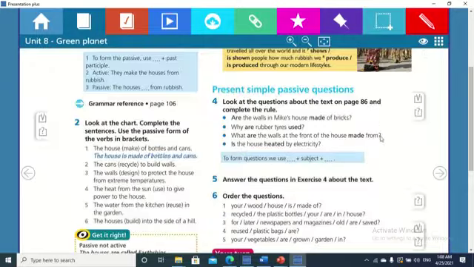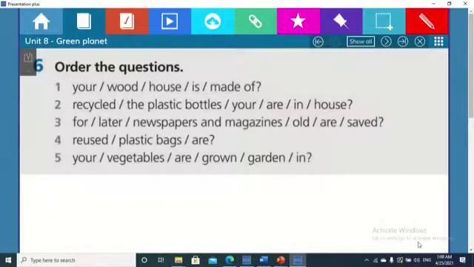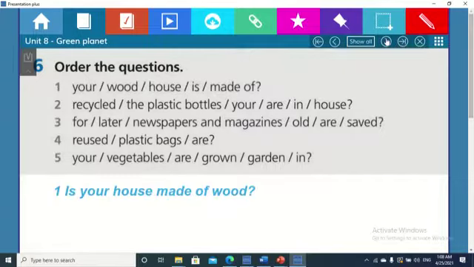What about 5? What about 6 here? Order the questions. Your wood house is made of. So of course we should start with, is your house made of wood? Again, here we have a yes/no question. We start with the verb to be, which is are. Then of course the subject.